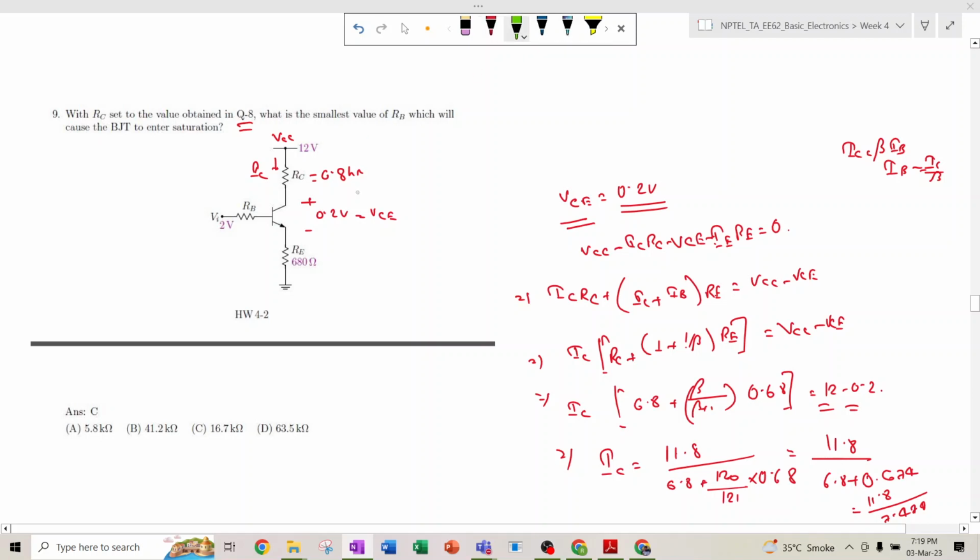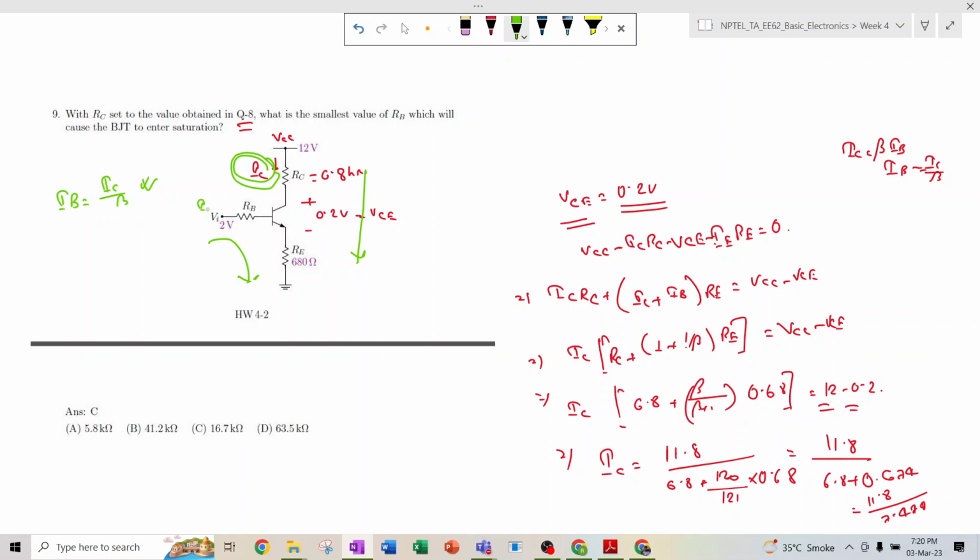From the output KVL you determine the value of IC. Now if you look at the input KVL, you can easily get IB, because IB is nothing but IC by beta. So from the output KVL you determined IC, and by this equation you got the value of IB, and now you apply the input KVL to find the smallest value of RB, right?